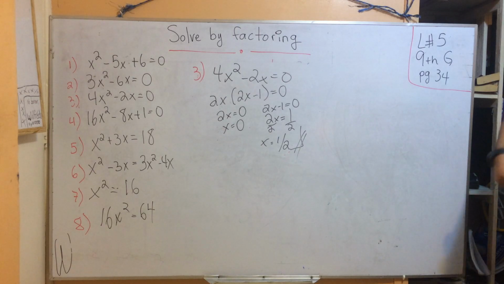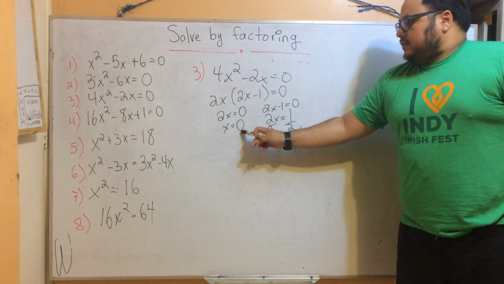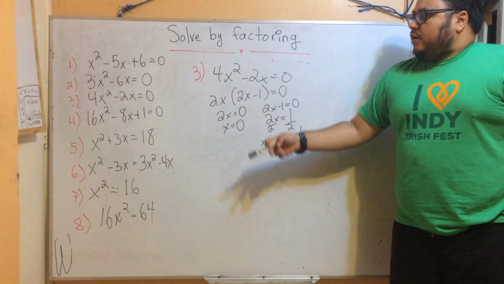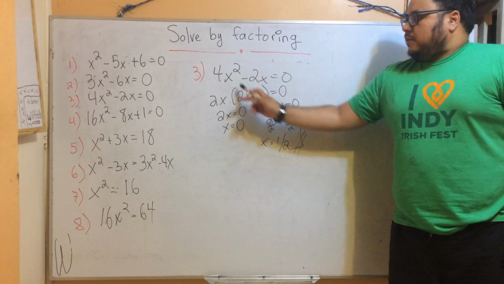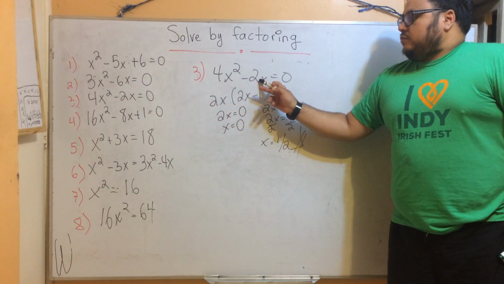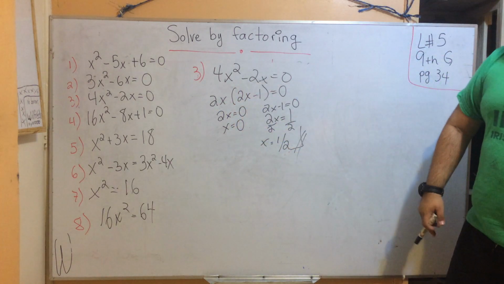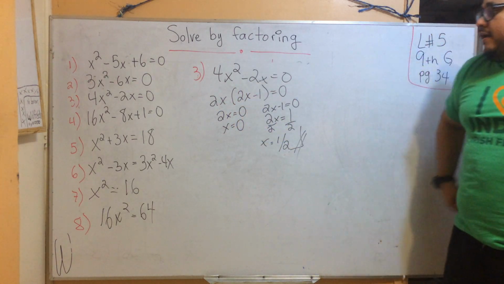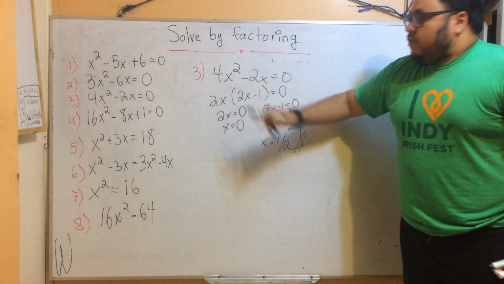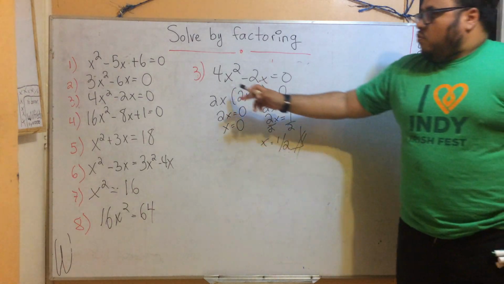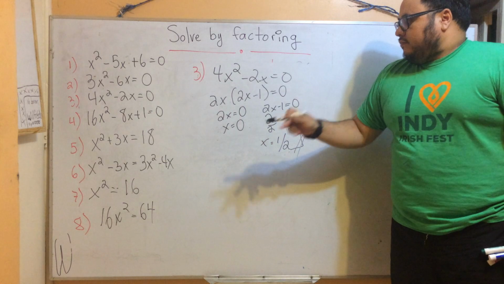How do we know this is true? Let's try it. x equals 0. 0 squared, 0, times 4, 0, minus 2 times 0, 0, so 0 minus 0 equals 0. And let's try 1/2. 1/2 squared is 1/4. 1/4 times 4 is 1.